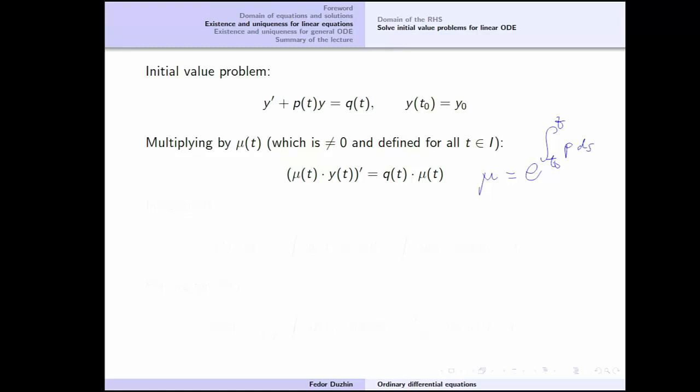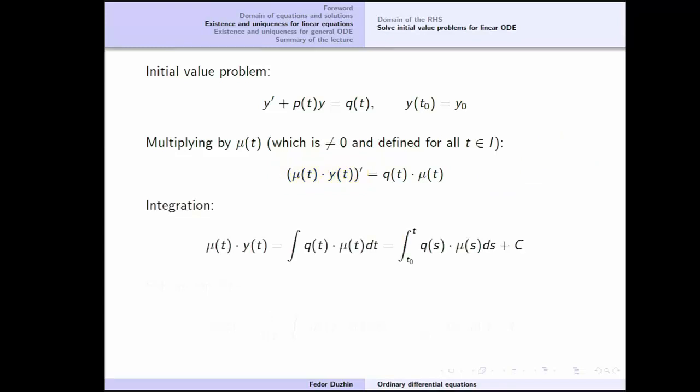The reason is that when we multiply everything by the integrating factor, it turns the left-hand side of our differential equation into this very nice form: the derivative of the product of the integrating factor and the unknown function. Then we can integrate: if the derivative of mu times y is q times mu, then in order to get the original mu times y, we need to integrate q times mu, and that's why I'm writing this.